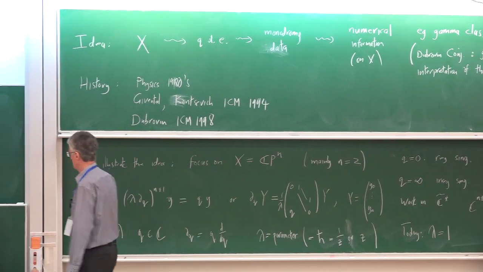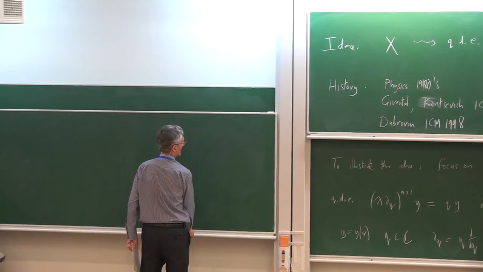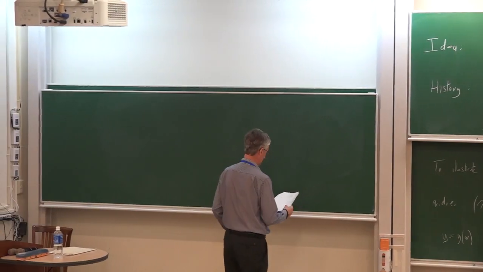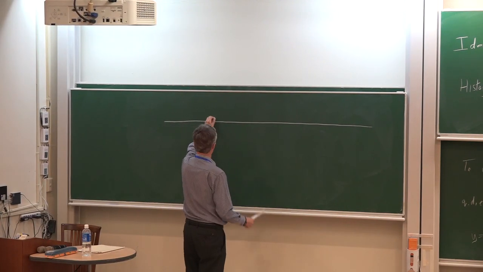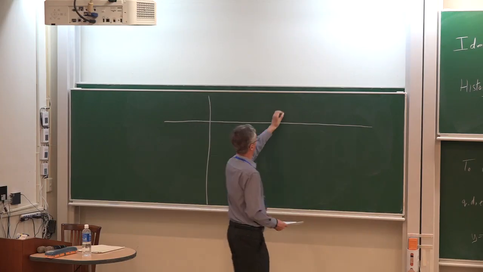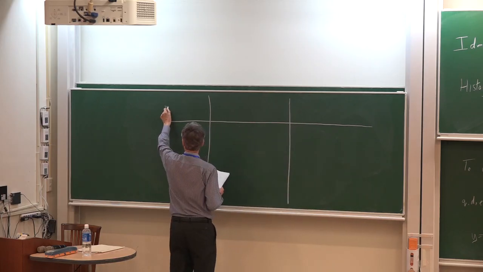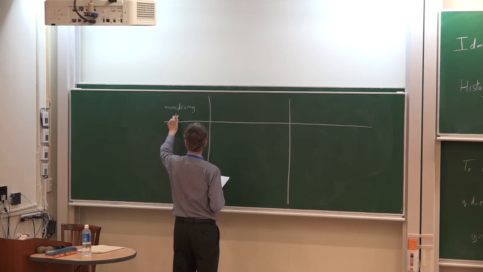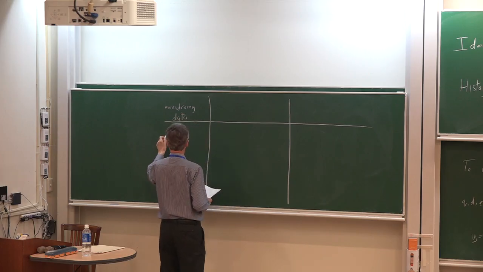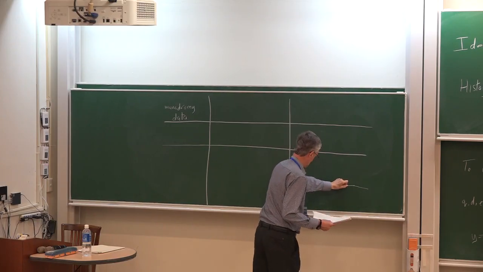Now, let me draw a picture over here. I will draw it very big so that everybody can see it. I want to write conceptually how this monodromy data will be treated. There are going to be 3 kinds of monodromy data.